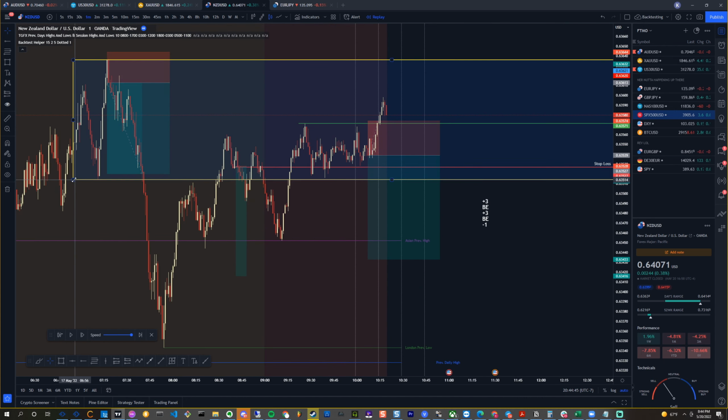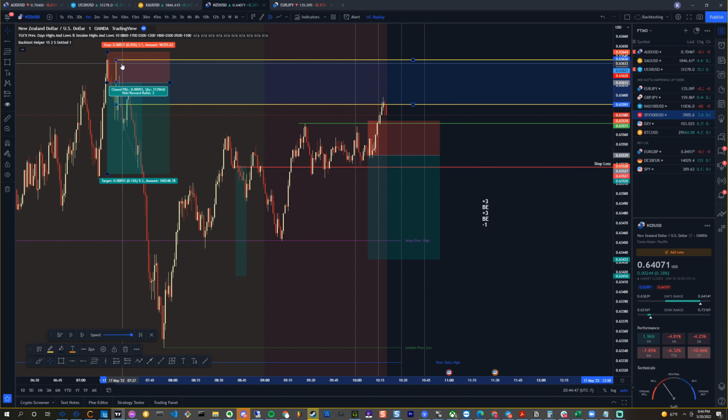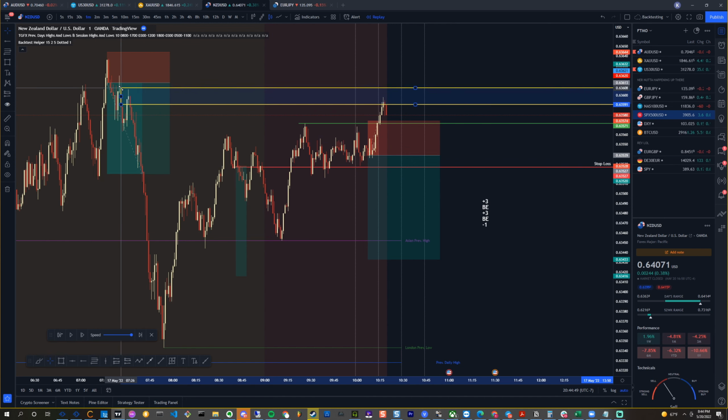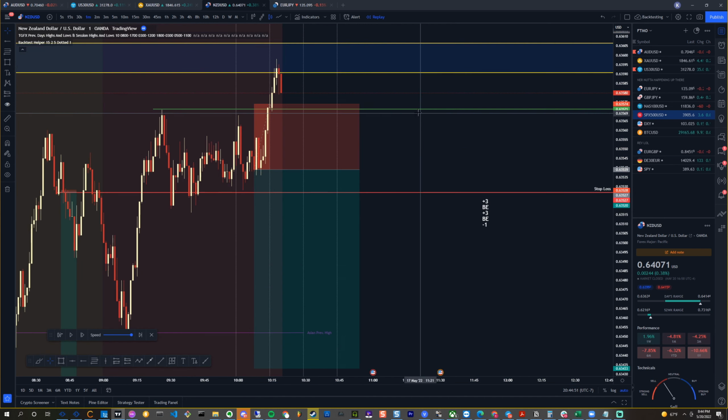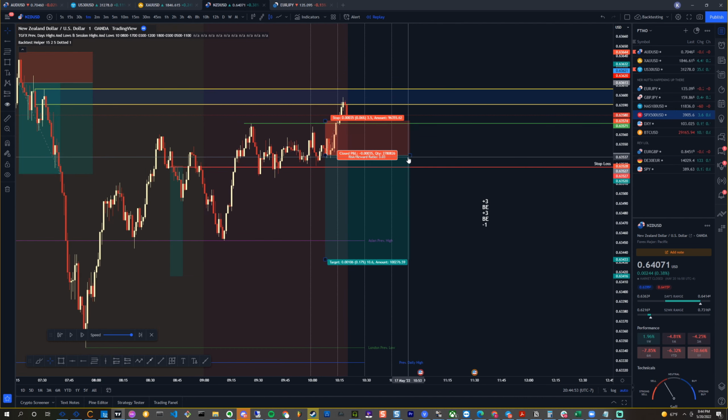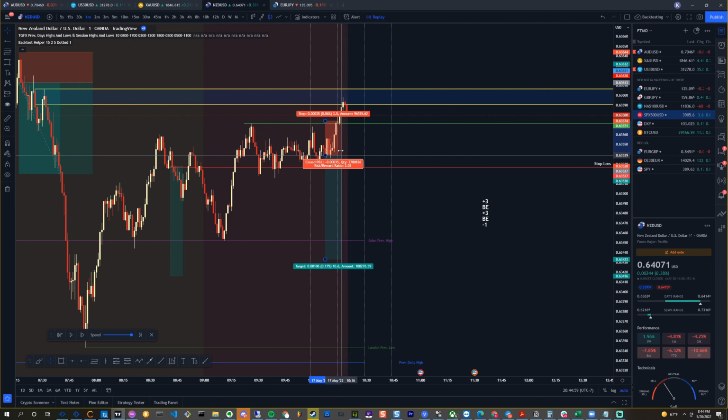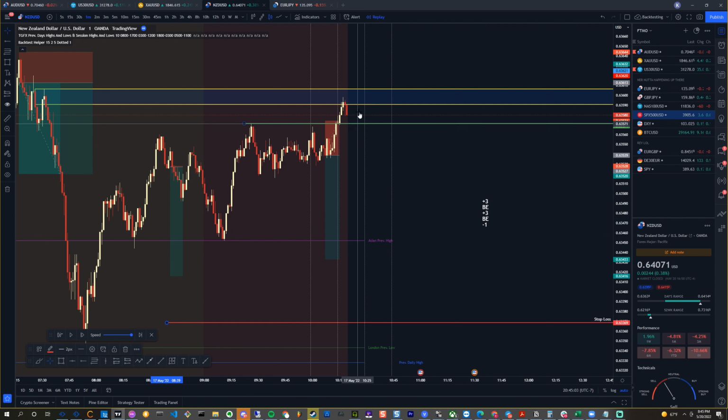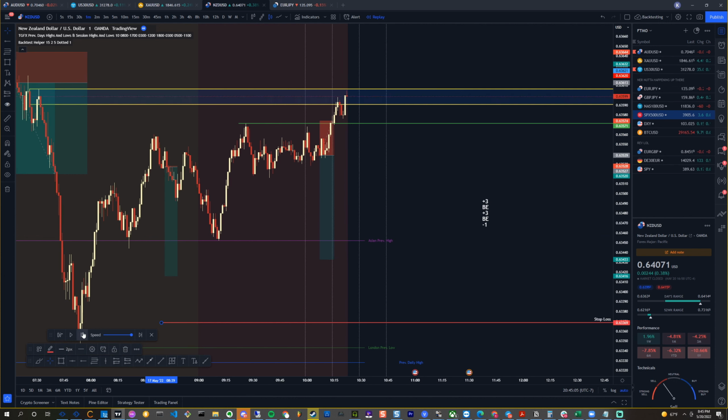So now we should refine this to our top area. So we're playing off of this area of supply. And so we'll just wait for the same move. Basically if this low breaks here, we'll just wait for a pullback.